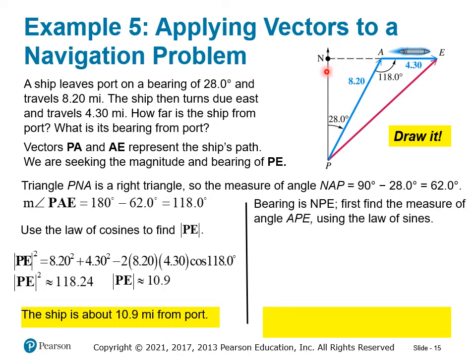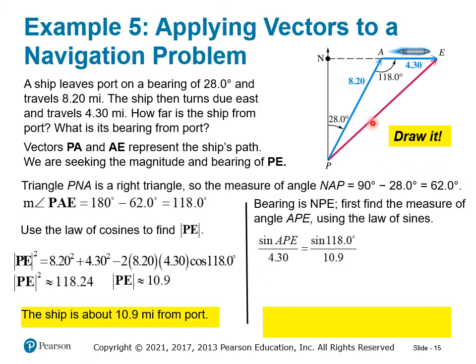Bearing is again NPE, so let's find again this measure APE using the law of sines. The sine of this little angle we're looking for over 4.3 is equal to the sine of 118 over that magnitude we just found, which is 10.9.